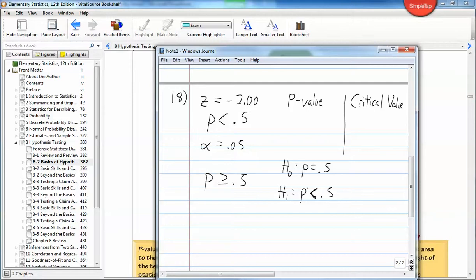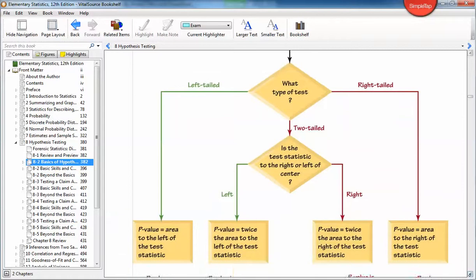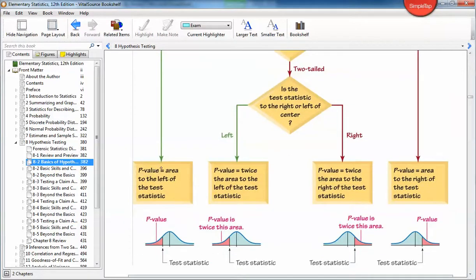So this one is left-tailed. So what does that tell us? That tells us that our p-value is equal to the area to the left of the test statistic. All right, area to the left of the test statistic.